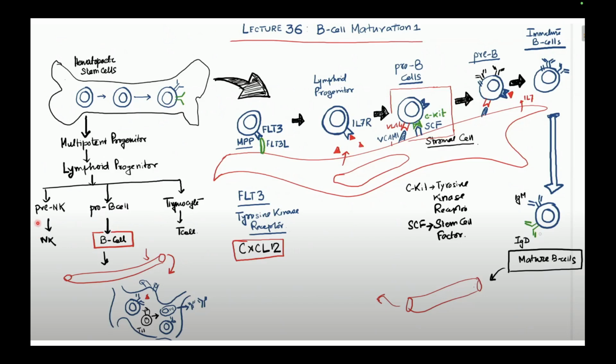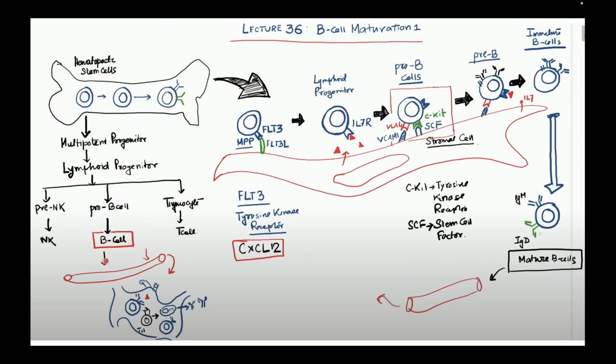Pre-natural killer cells mature and make the natural killer cells, which help in antigen presentation and killing of the pathogen. The thymocyte develops into mature T lymphocytes, and in these we get T helper cells and cytotoxic T cells.